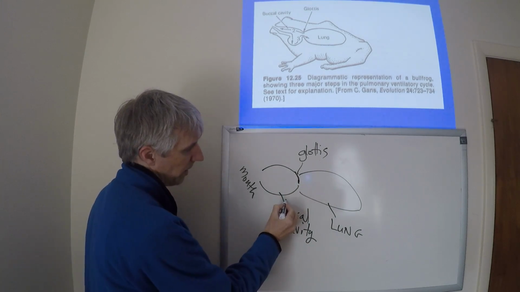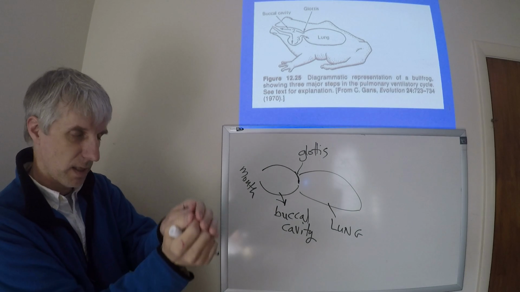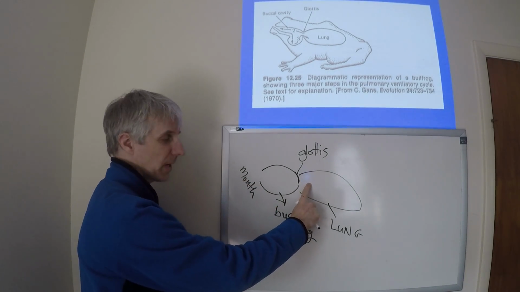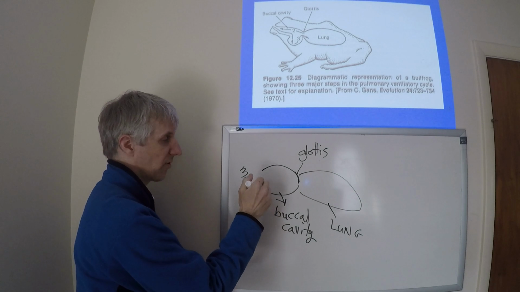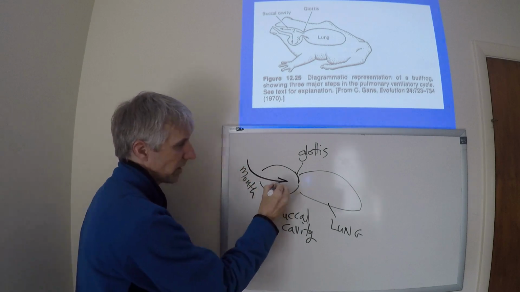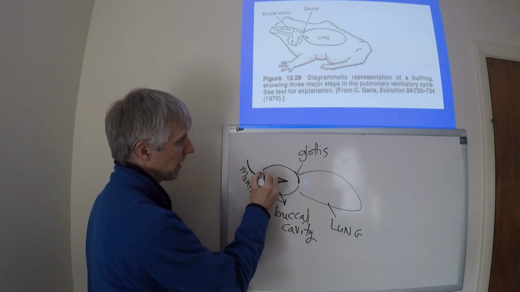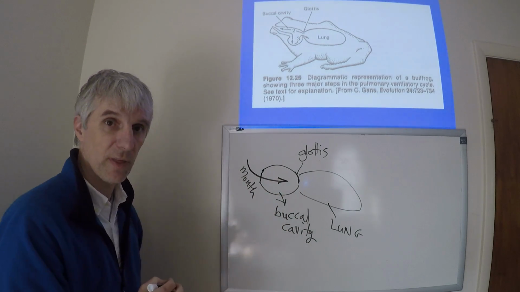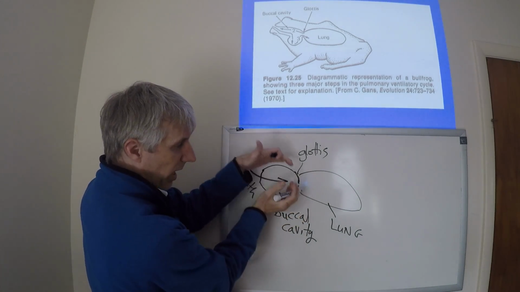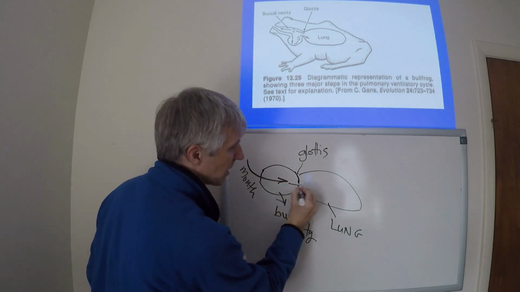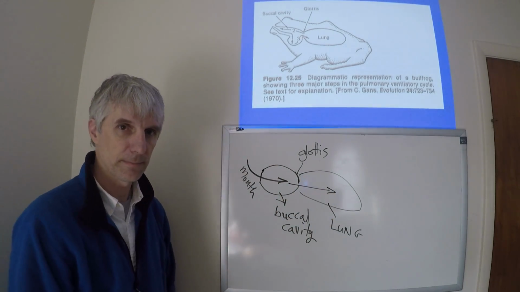I open up the buccal cavity. I increase its volume. Air can't come from here, but I can get air to come from outside. Air gets pulled into the buccal cavity. Then I close off the mouth and I pressurize the buccal cavity and I squeeze the air into the lungs.